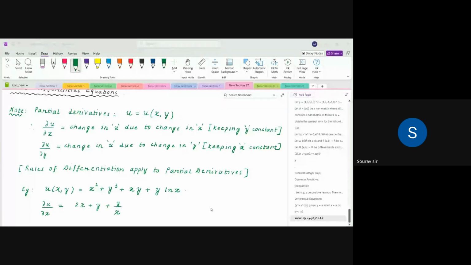All right. And similarly, what will be your del u by del y? Sir, why is the y cube not there? Because it is to be treated as a constant, right? The derivative of a constant is zero. Oh, the y cube will disappear.